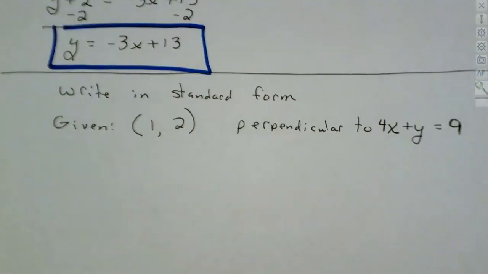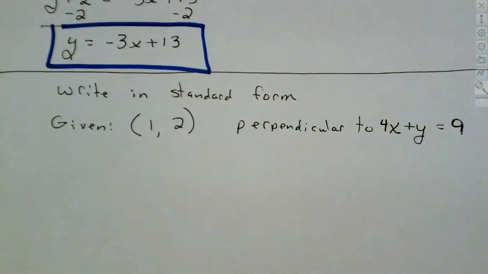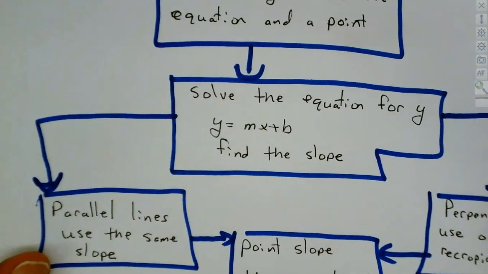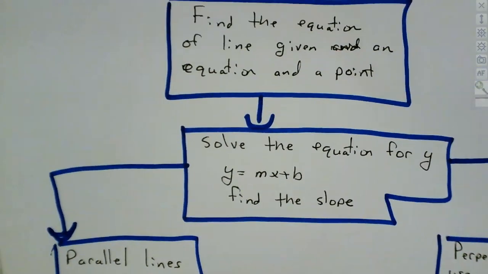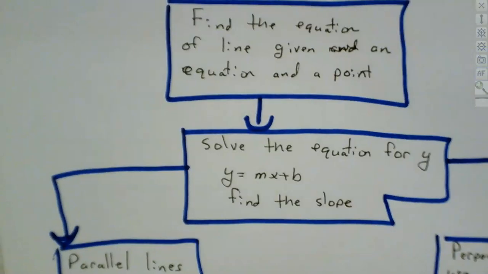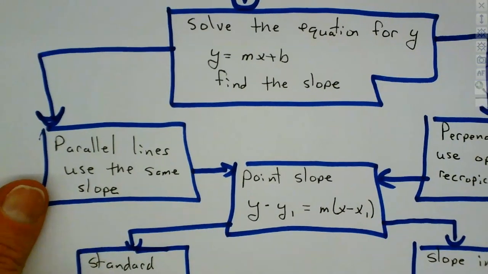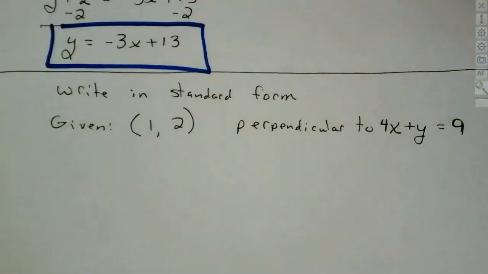Okay, so what's the first thing we do? We go back and we look. Okay, what do we have? We have a point, right, and a line equation. So we take that equation and we solve that equation for y. So let's do that.